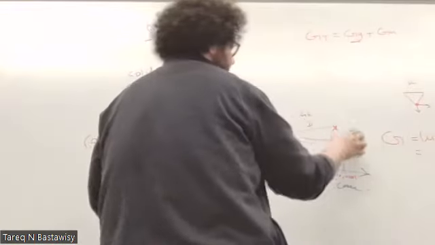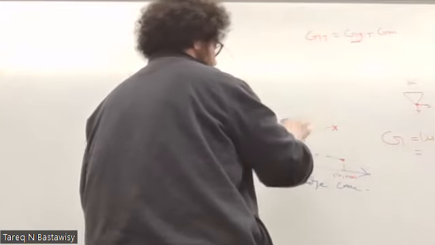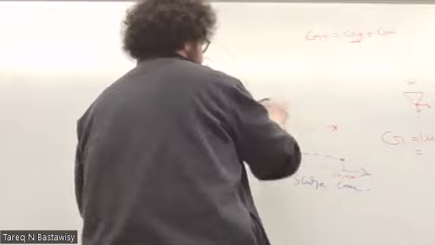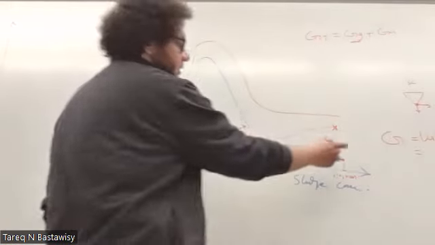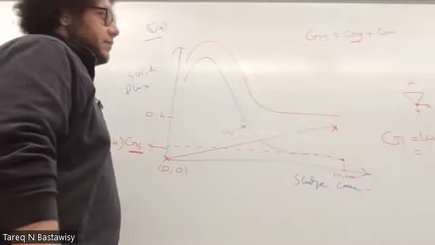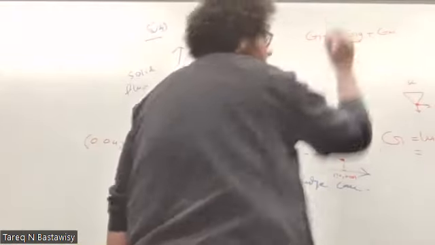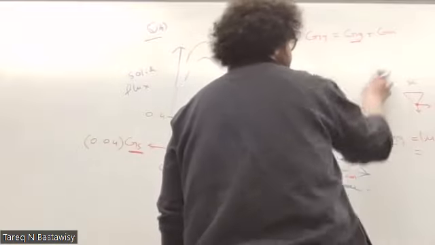The curve itself will probably look something like this. It's the addition of this plus this to give you that. You're right, but it will not shoot up like that. That will not happen.